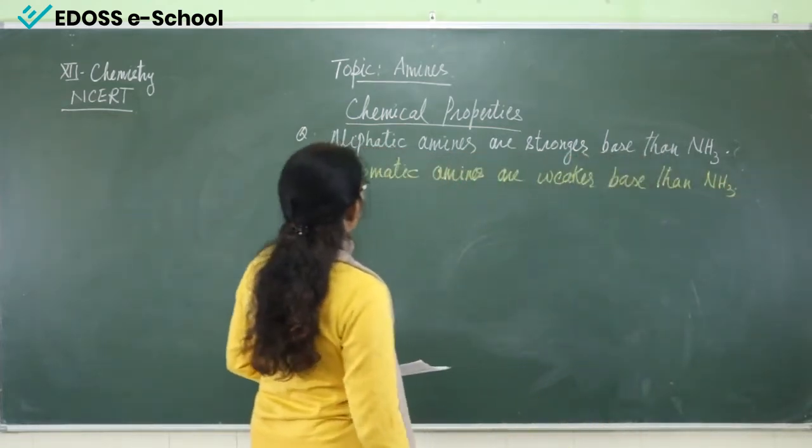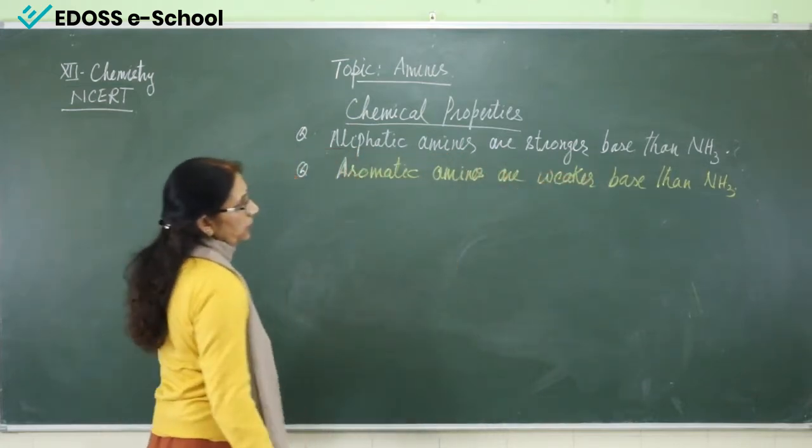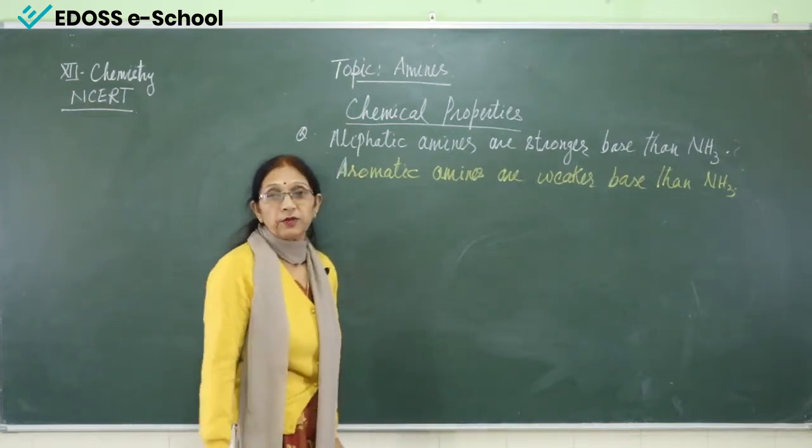Okay. Now, two questions are here. Aliphatic amines are stronger base than ammonia, and another is aromatic amines are weaker base than ammonia.